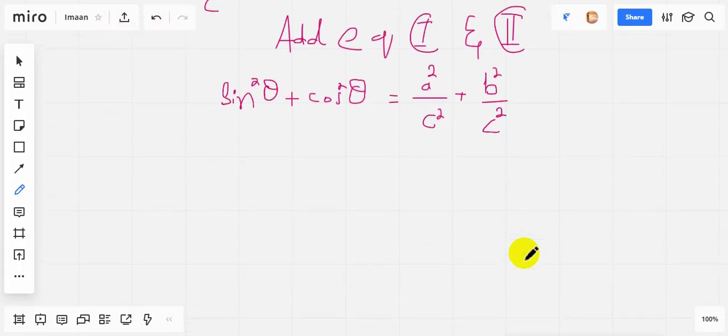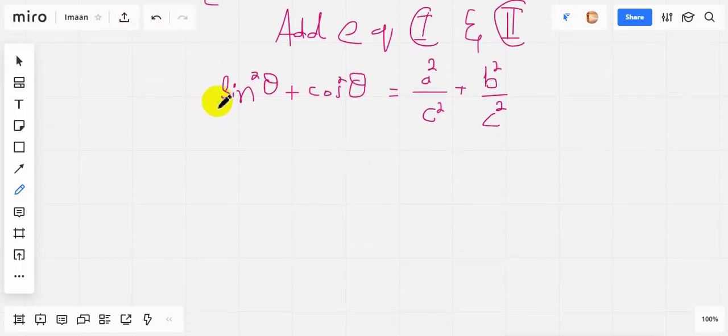Okay, now in the next step we will talk about this identity in the future. Sine squared theta plus cos squared theta is an identity, is a formula which equals 1. We will also prove this identity, that why this equals to 1.